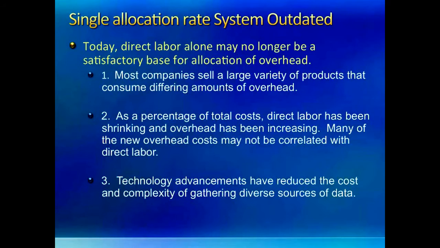Many of these overhead costs may not be correlated with labor at all. Lastly, data gathering has become a lot easier due to Excel and other internet advancements. So now, a single overhead allocation rate may not be optimal for many firms, especially those that make a variety of products and are not using a lot of labor in their production process.